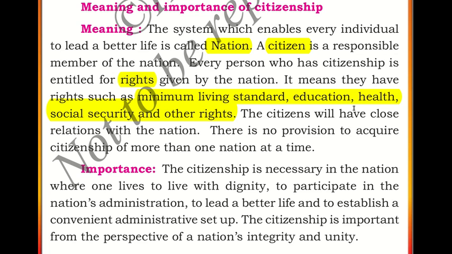The citizens will have close relations with the nation. There is no provision to acquire citizenship of more than one nation at a time. So a person can be the citizen of a single country at any particular time.